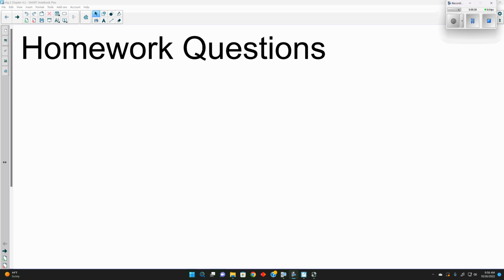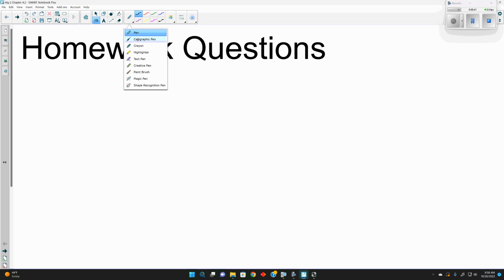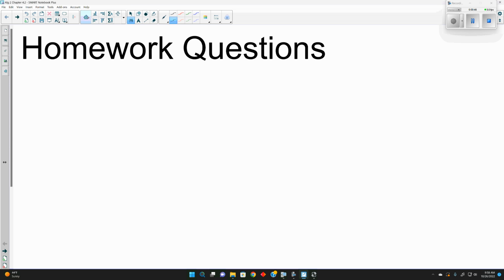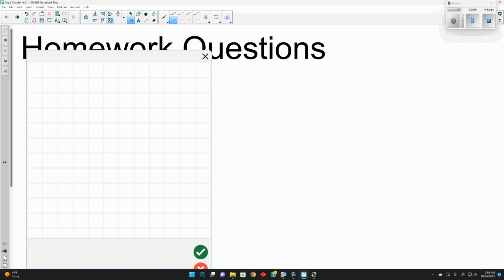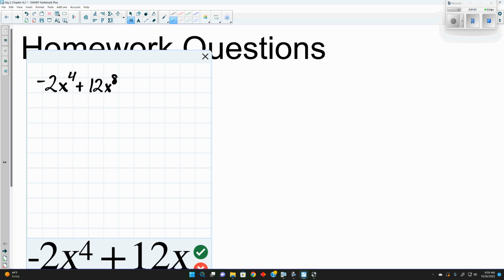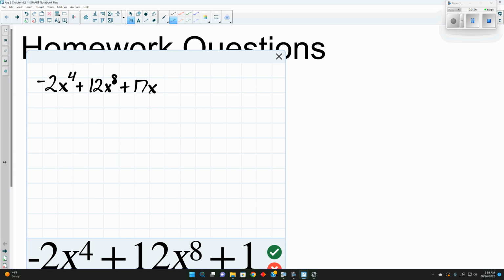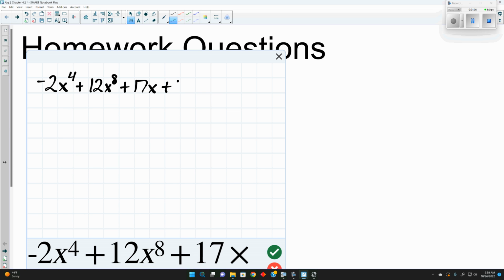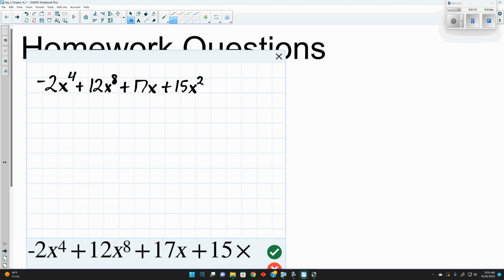Number 19. So the function they gave us, let's see here, negative 2x to the fourth plus 12x to the eighth plus 17x plus 15x squared.